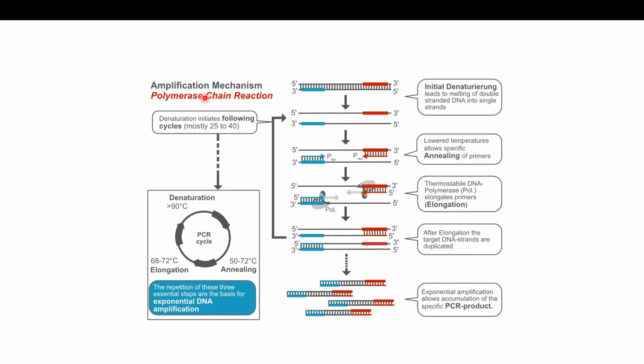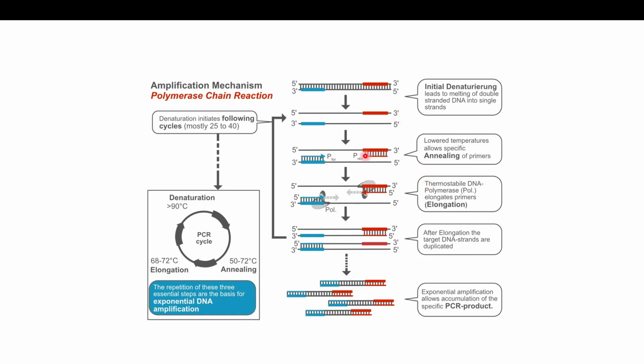Now, we have been talking multiple times, I have mentioned amplification of the gene of interest. The technique used is polymerase chain reaction. What actually happens is DNA is double-stranded, so you have to initially denature it. It melts the double-stranded DNA into single strands; the hydrogen bonds are dissolved here.